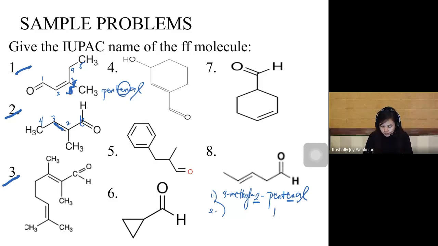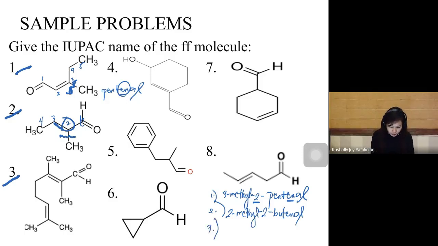So, butenal. Okay? The double bond is at carbon 2. Is there a substituent? Yes, there is a substituent at carbon 2. So, 2-methyl. That is a methyl, right? 2-methyl dash 2-butanal. Okay, number 3.